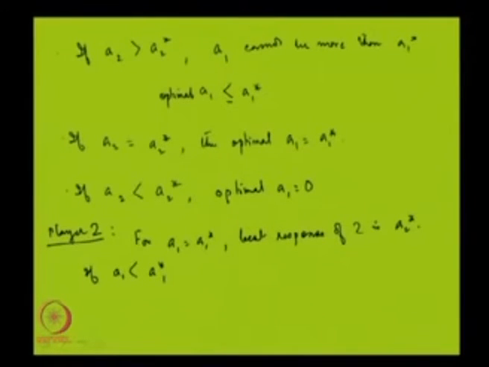That one has to look at. Now, for player 2, what is the payoff function of player 2? Payoff function of player 2 is the following, that given A1 is less than A1 star, he will get the compensation. If he gets the compensation, his payoff is minus A2, and this happens if he is careful, that is A2 is greater than or equal to A2 star.